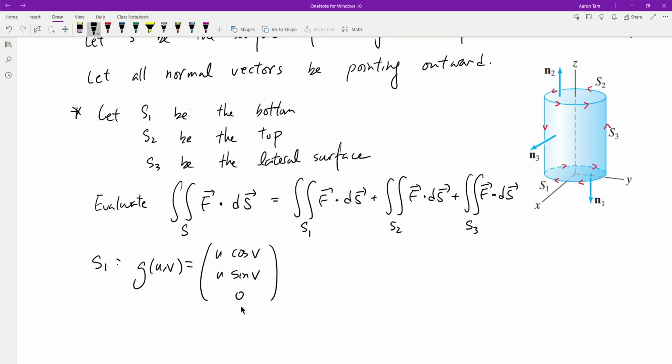Therefore, we maintain it on the xy plane. And then because it's a circle, we use cosine v instead of theta because we're using uv. But if you want to, you can do r theta. As a matter of fact, maybe I do that. That probably makes it easier. And the domain R will go from 0 to A, because that's the radius of the circle. And theta, to form a complete circle, goes from 0 to 2 pi.